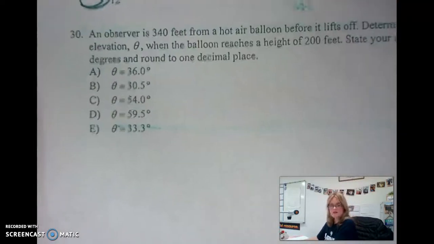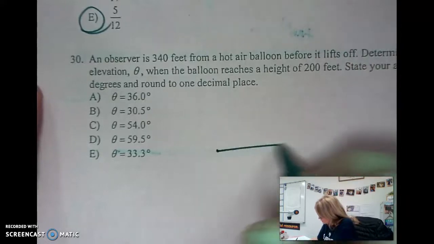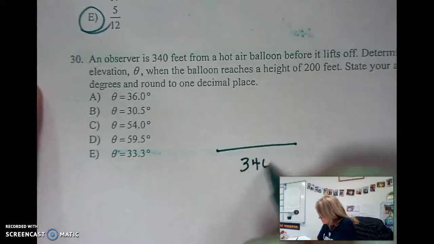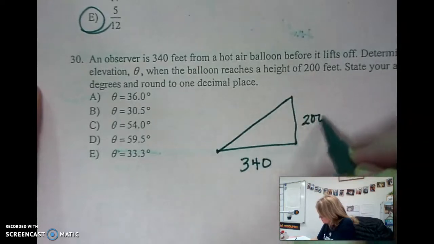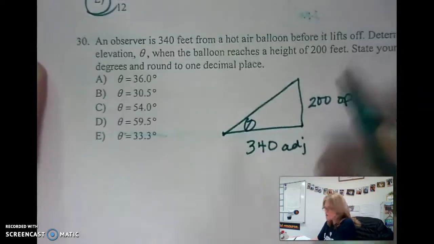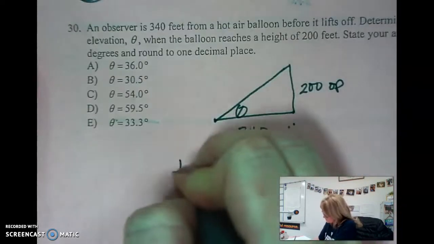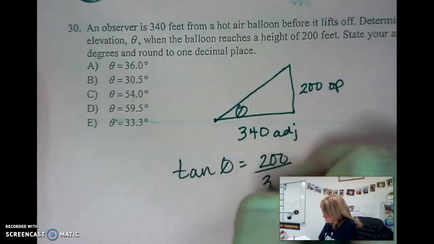An observer is 340 feet from a hot air balloon before it takes off. Determine the angle of elevation when the balloon reaches 200 feet. We have opposite and we have adjacent. So SOHCAHTOA, the tangent of theta equals opposite over adjacent.